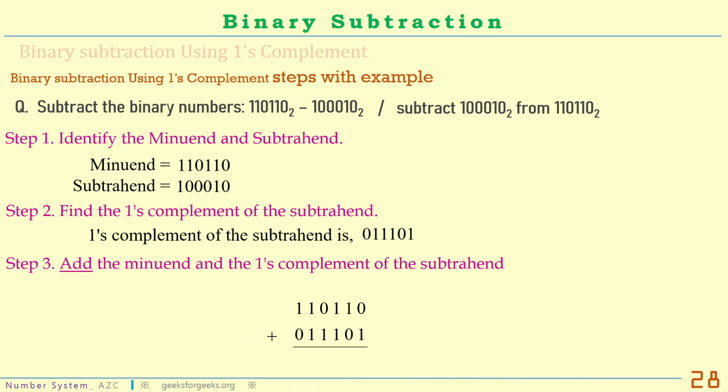Step 3. Add the minuend and the one's complement of the subtrahend. 0 plus 1 is 1. 1 plus 0 is 1. 1 plus 1 is 0, and carry the 1 over. 1 plus 0 plus 1 is 0, and carry the 1 over. 1 plus 1 plus 1 is 1, and carry the 1 over. 1 plus 1 plus 0 is 0, and carry the 1 over.